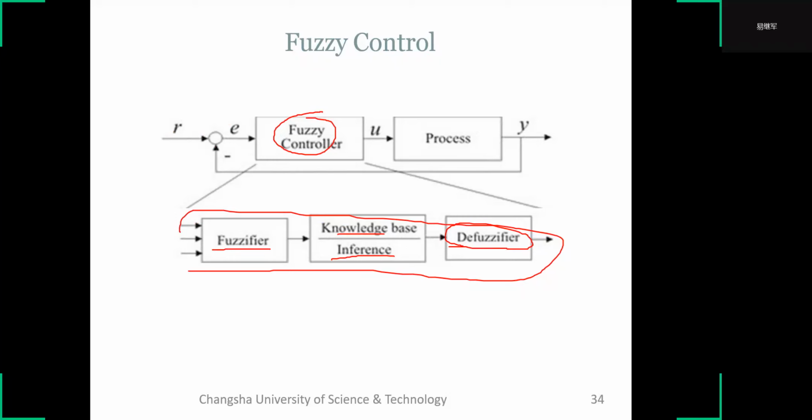According to the fuzzy knowledge base, we can get the output. The defuzzifier converts the fuzzy output to the actual value.